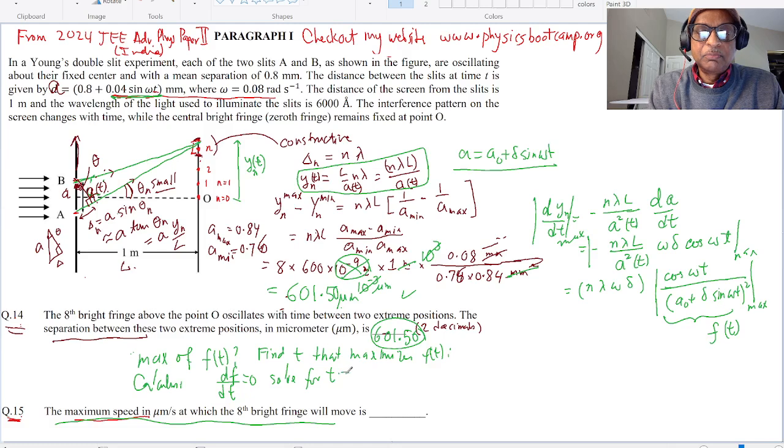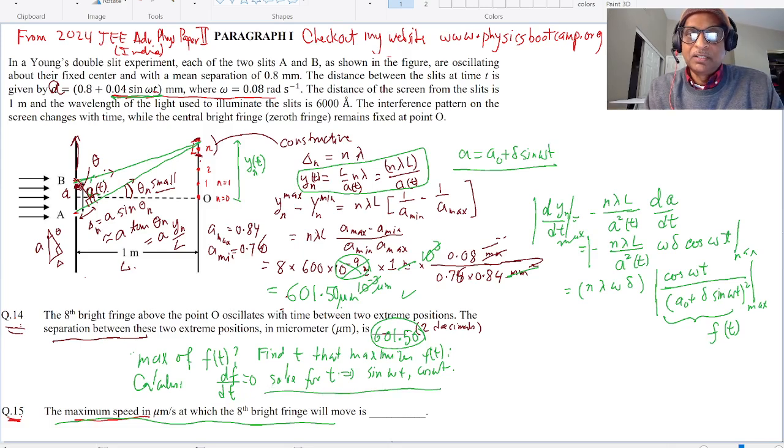Or you're basically going to solve for sine omega t and cosine omega t. When you get those values, you plug them in there, and that should give the maximum. Now that's a mathematically sound way of doing it. There's a hand-wavy way that they want you to do. So I'm going to do the hand-wavy way.